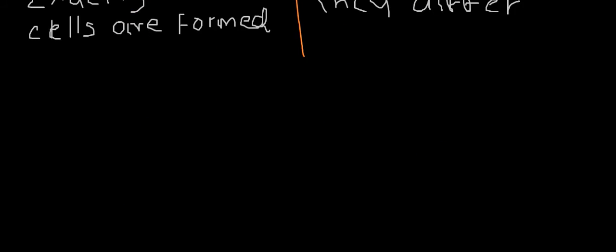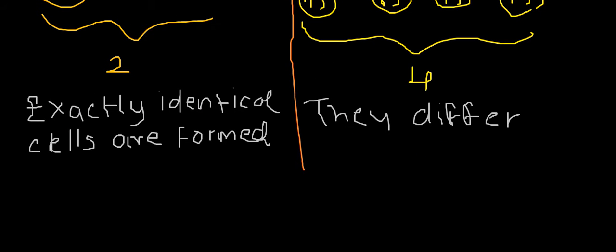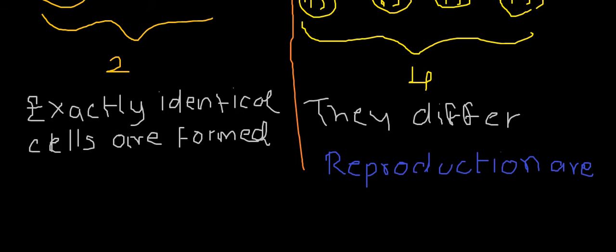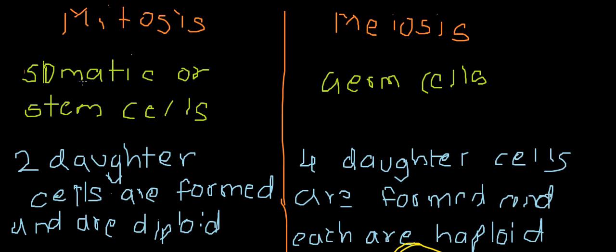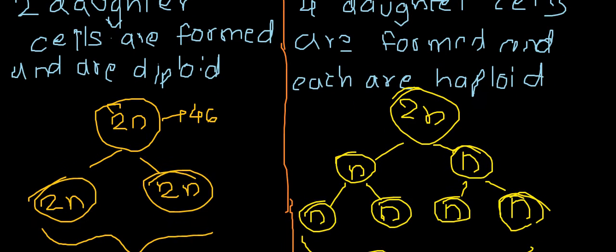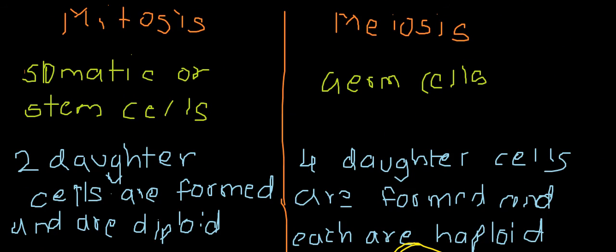Now meiosis is necessary for reproduction and variation. In fact mitosis is also necessary for reproduction, as in asexual methods of reproduction you mostly use mitosis.